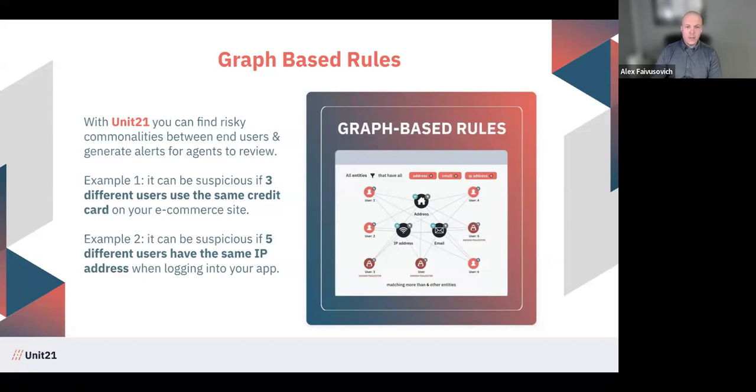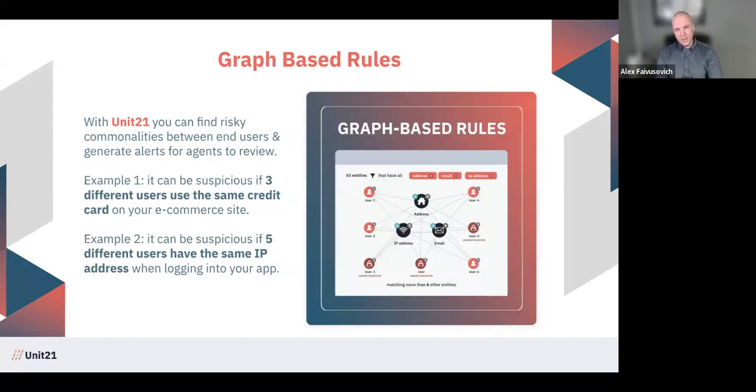So one example of a graph-based rule could be something like, if I have 3 different users who use the same credit card on your e-commerce website, if from your perspective that is a high risk, you might want to create a monitoring for that.